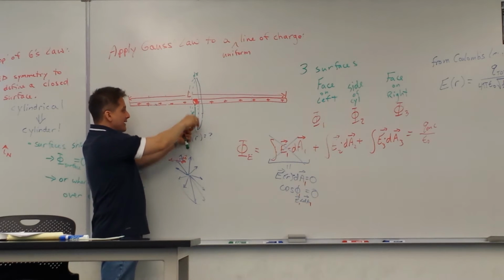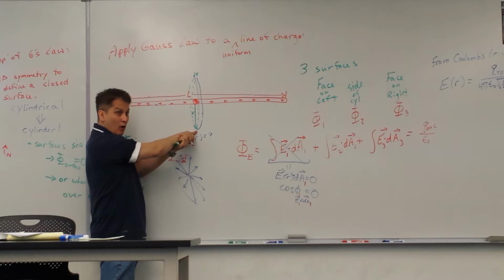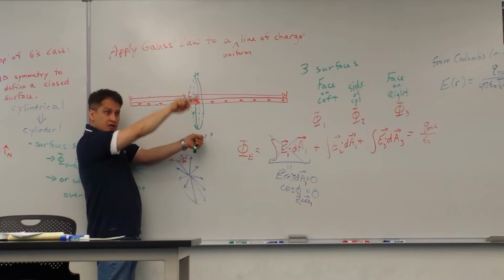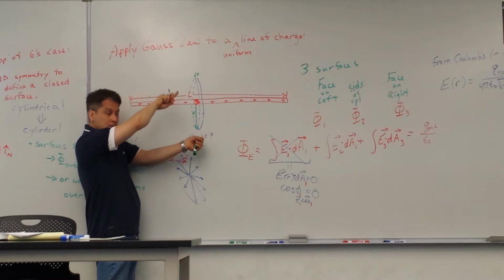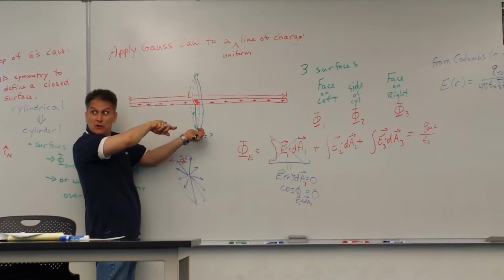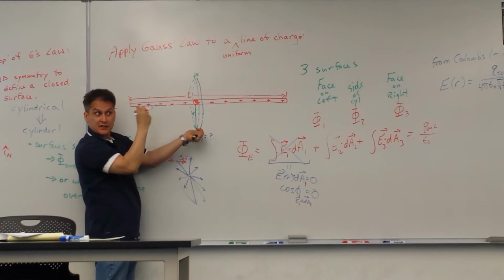And not only that, it will be directed radially outward or normal to the surface. Even if the surface itself is changing direction as you go around it, the orientation of E will always be parallel, pointing in the same direction as the surface face at that point.